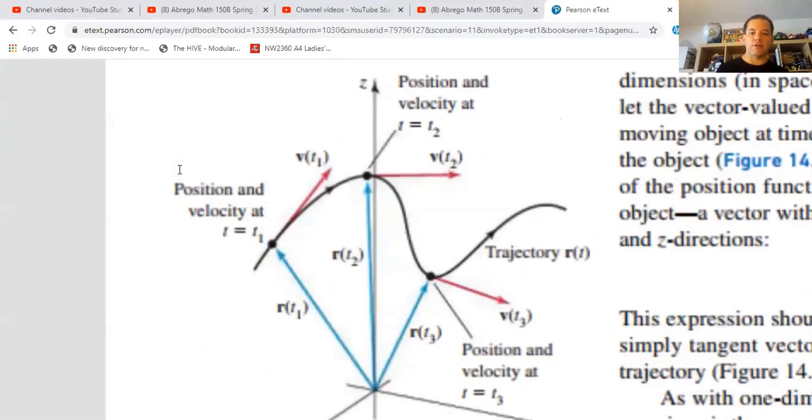And so here's the thing you should keep in mind. Look at the graph on the screen right now, and we already know that a specific vector equation r of t can describe, if you look at the head of the vector, the position of an object moving along, in this case, this black curve that you see on the screen.